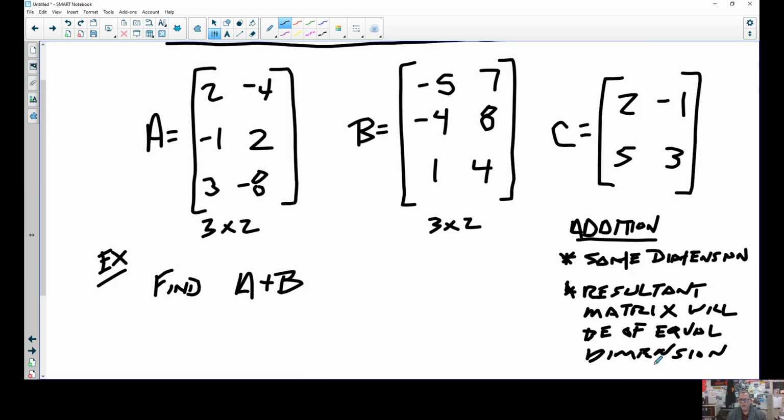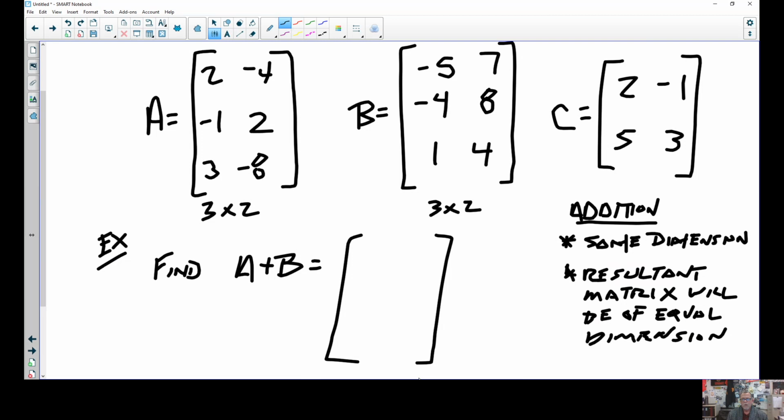So when I'm adding A plus B, and they're both 3 by 2, it's the first thing I have to check. They are both the same dimension. The result of this will be 3 by 2. So I need to give myself brackets. That somehow came out rather slanted. But we have brackets. These are going to be, again, 3 rows, 2 columns. That's the result. Now, the rest is exactly as you would hope.